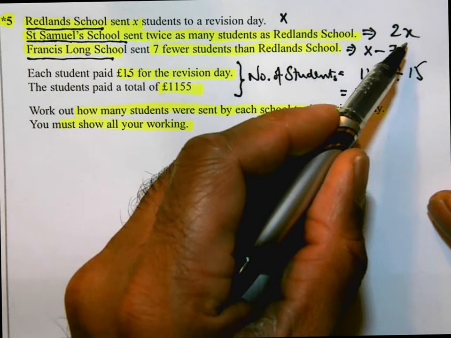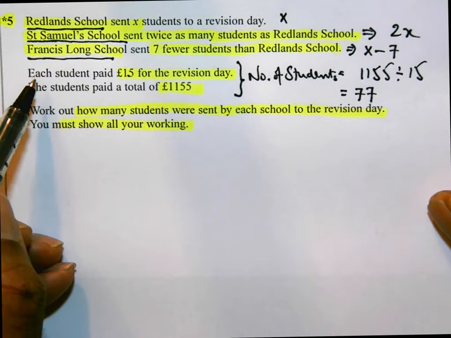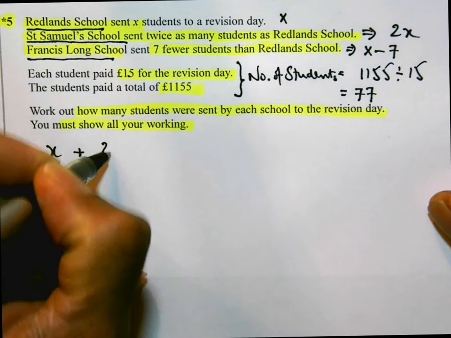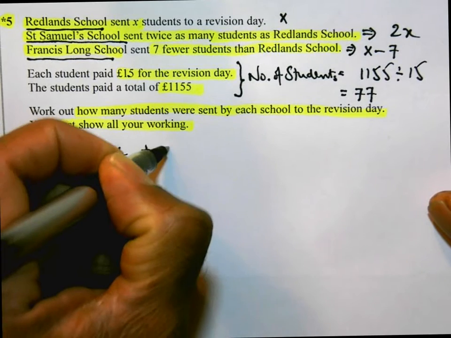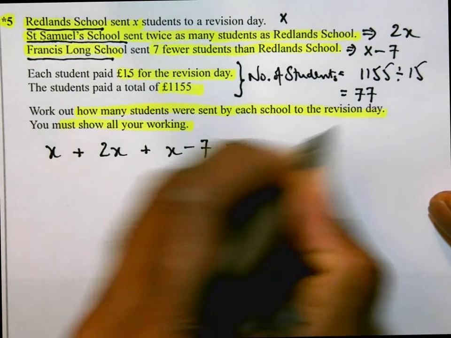So there were 77 students at this revision day altogether. If X went from Redlands, 2X from St. Samuel's, and X minus 7 from St. Francis, altogether that was X plus 2X plus X minus 7. That's the total number of students from all 3 schools.